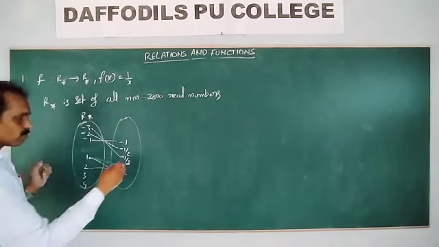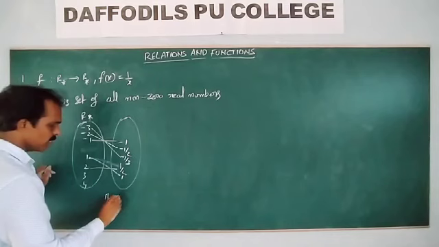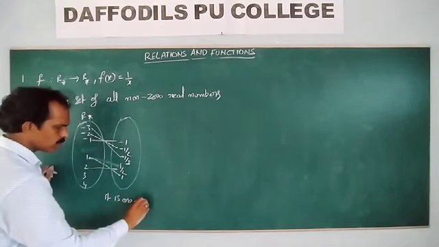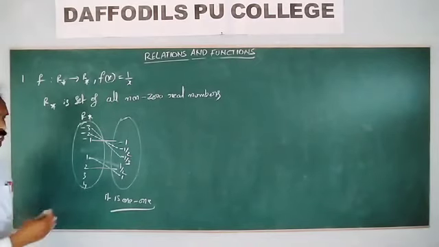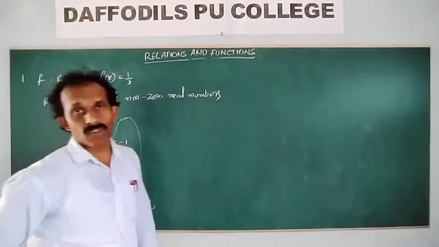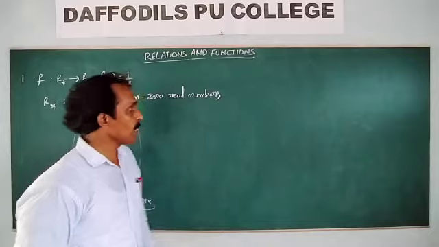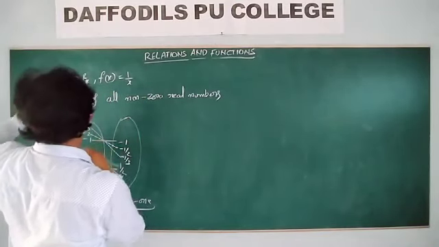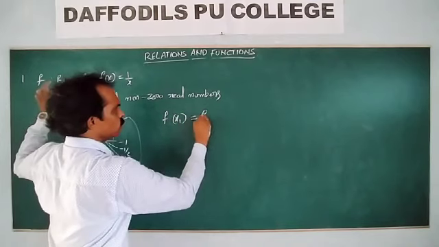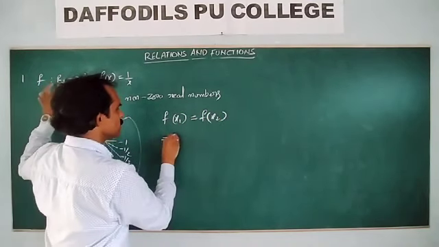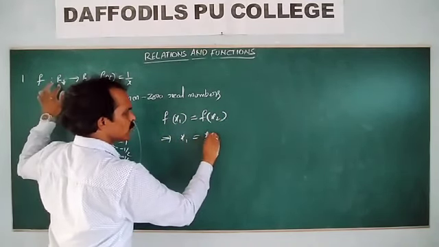It is clearly one-one. And by the definition I explained: x1, x2 belong to the domain, and if f of x1 is equal to f of x2, then we will prove x1 is equal to x2.